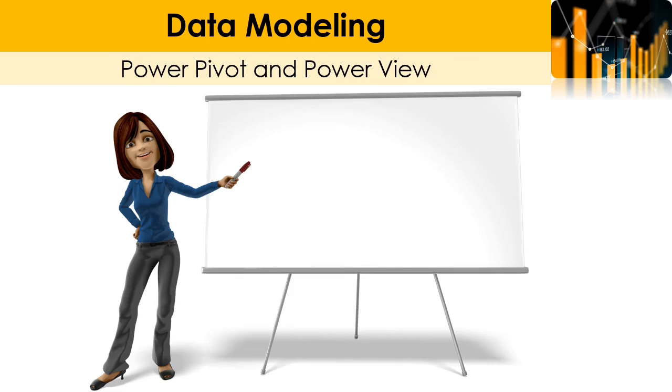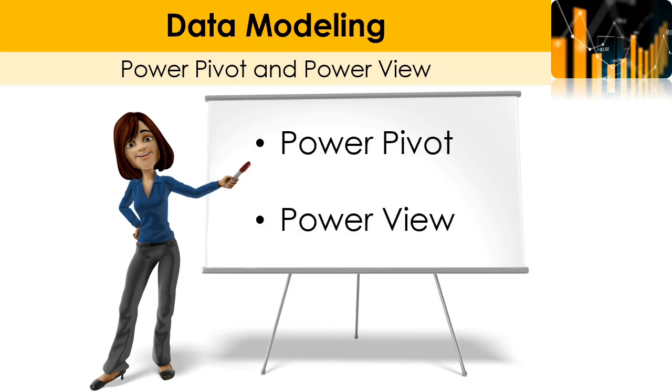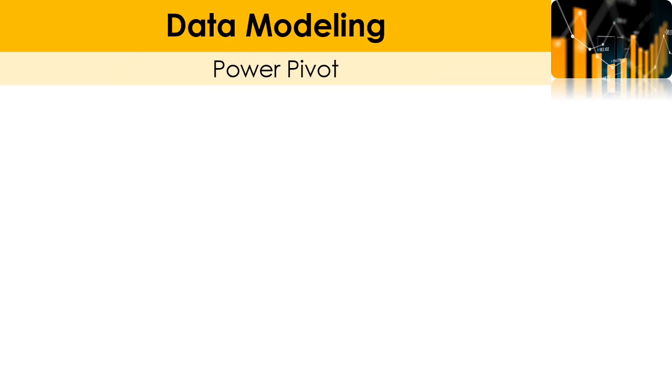You've learned about Power Query, Power BI's built-in data transformation tool. Now let's discuss Power Pivot and Power View, and their relationship with data modeling and reporting in Power BI. Power Pivot is Power BI's built-in data modeling tool.